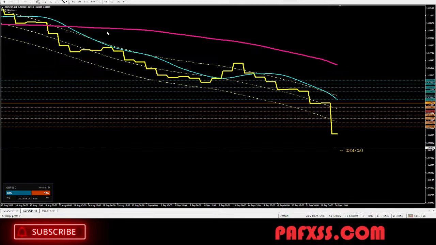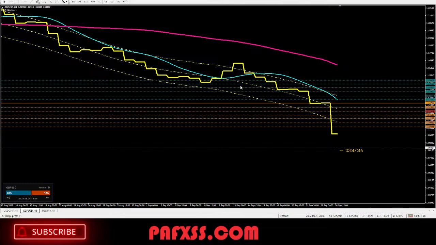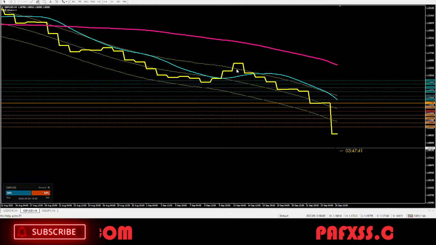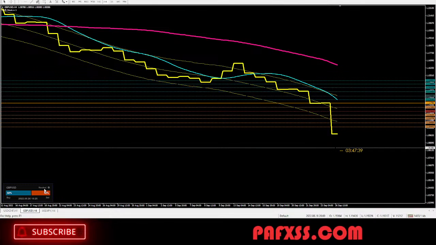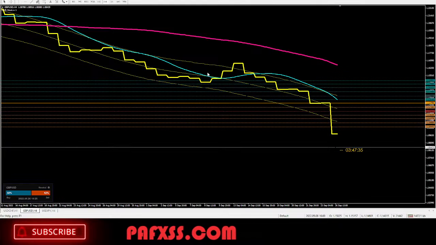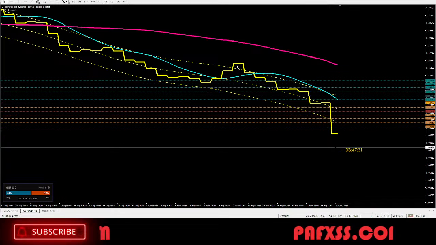And then the 200 line is above the middle line channel. Once you see this, and over here it has to say short, or at least neutral, then we put a sell order.